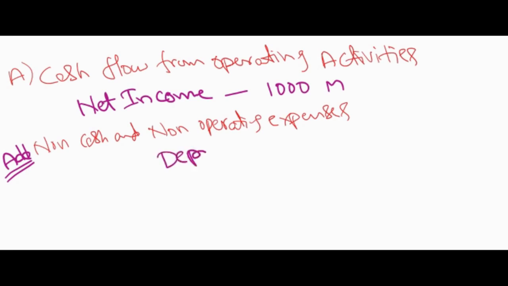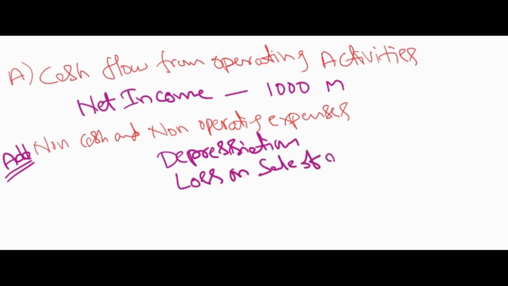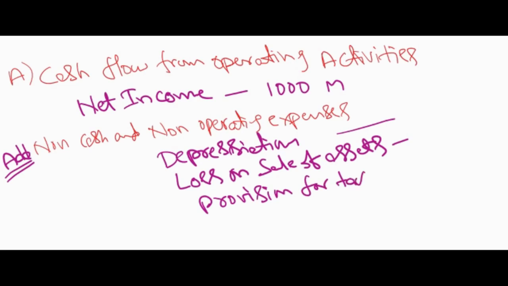You will get depreciation, right? And you will get loss on sale of assets, right? So these values you have to fill here. I am not filling, but you can fill the values here. Or let's say provision for taxation, right?